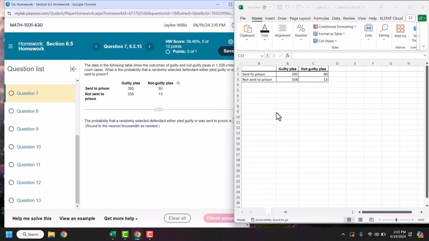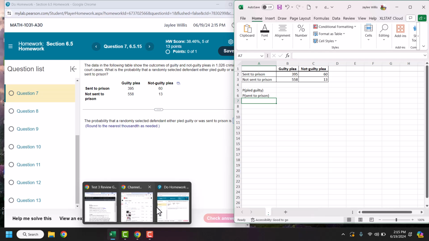So we're looking for plead guilty is event A. So probability of pled guilty is our first one. And then the probability of sent to prison is our second one. So those are the two individual events, and we're trying to find the probability that either one of those happened.